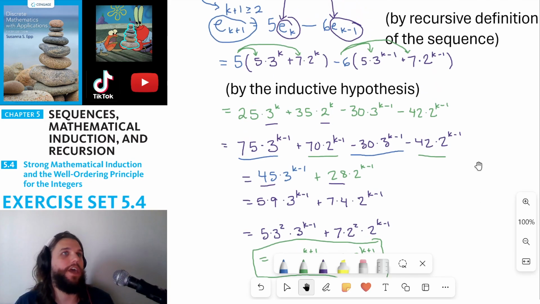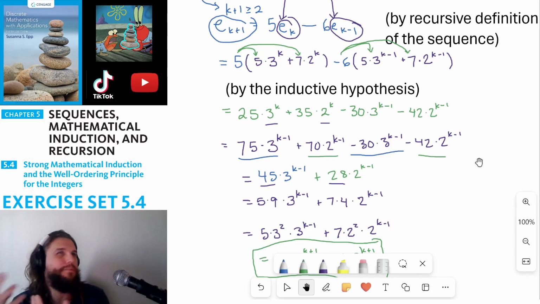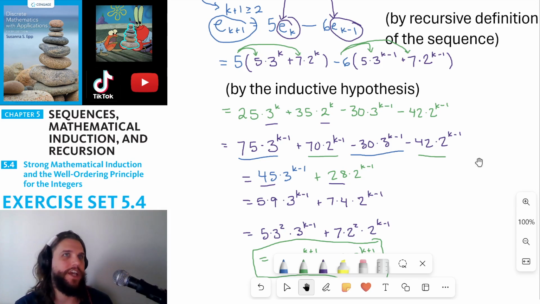Now, I will say there are a lot of tricks here that a lot of students just would not be able to think about on a test. And this is why these questions are really tricky on tests, because of these tricks. For example, in this proof, I thought about reabsorbing factors of 3 into 3 to the k minus 1.